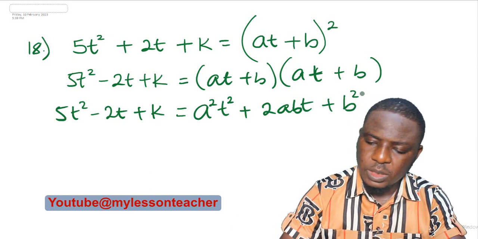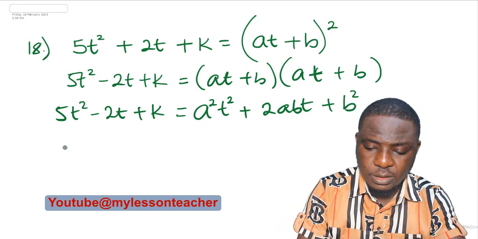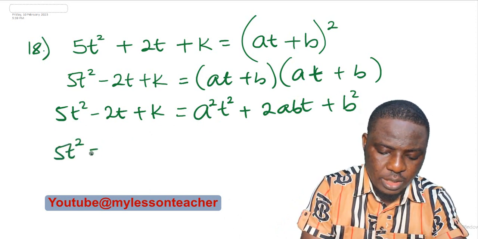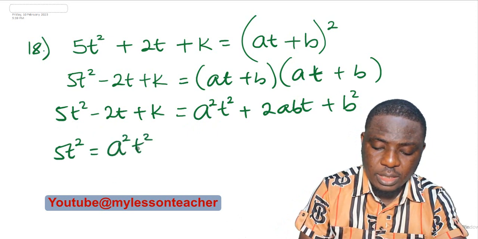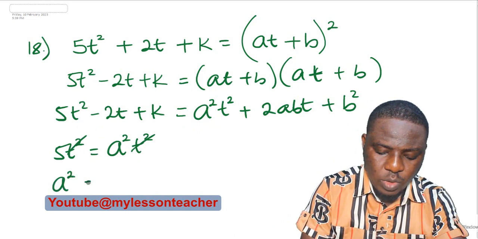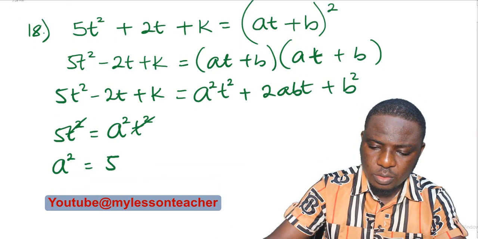So this now becomes, by comparing coefficients, we have it that the first term, which is 5t squared, will be equal to a squared t squared. Dividing both sides by t squared, you have it that a squared is equals to 5. You can call this equation 1 or whatever.